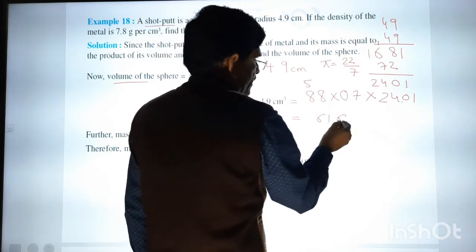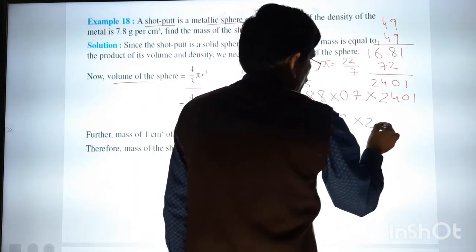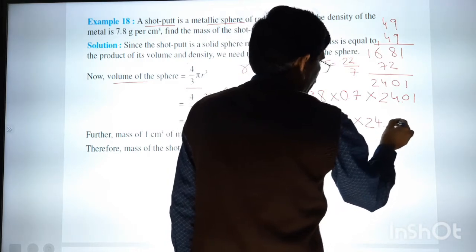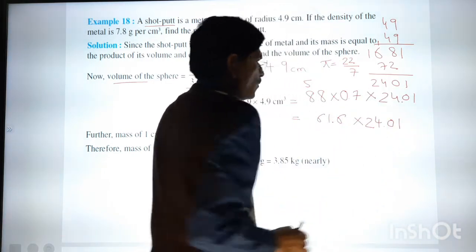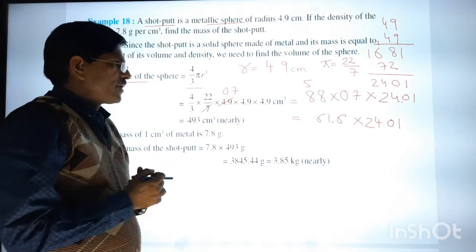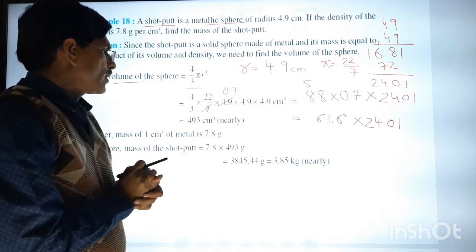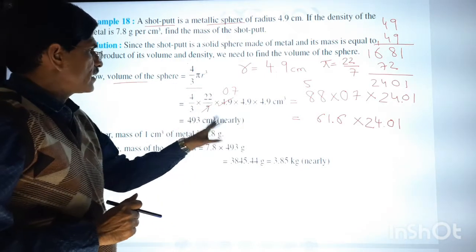Afterward one point is there, so I have to write it here. Now into 24.01. So again I have to multiply 61.6 multiplied by 24.01. The answer is nearly.